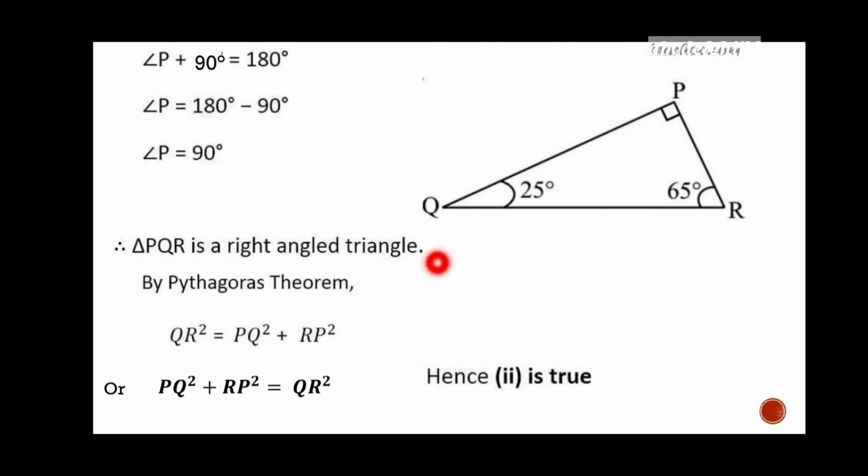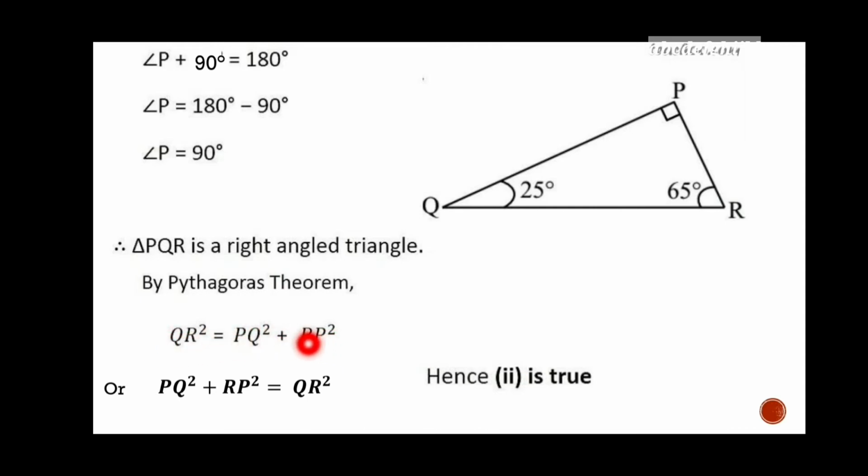Pythagoras theorem. So by applying the Pythagoras theorem, the hypotenuse, now which side will be the hypotenuse? The one opposite to the 90 degree. So 90 degree angle is P and the opposite side of it is QR. So hypotenuse is QR. So we will write QR square is equals to the sum of the remaining two sides, PQ plus PR, or we can write RP.